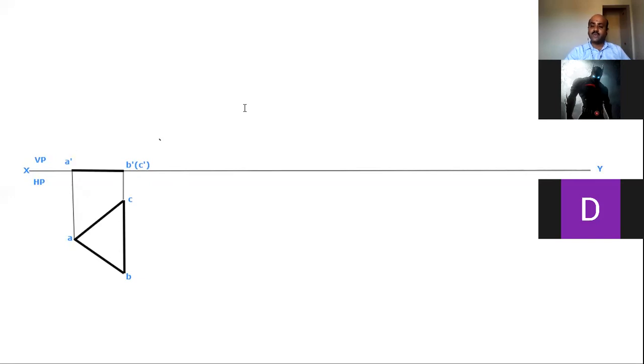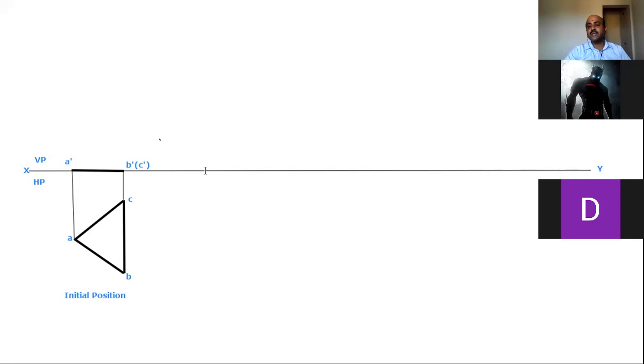To satisfy that condition, I am starting with the second position now. This is the initial position. In the second position, we have to satisfy the condition that the edge opposite to the corner on which it rests is 15 millimeters above HP.